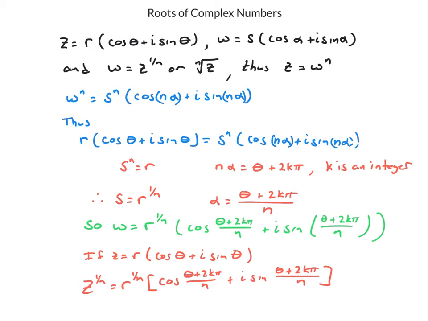And therefore, since z to the 1 over n equals w, I know the nth root of z is going to be r to the 1 over n times the cosine of theta plus 2k pi over n plus i sine of theta plus 2k pi over n.